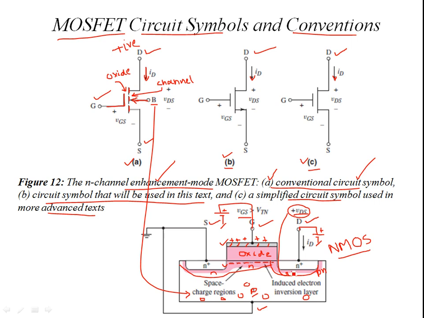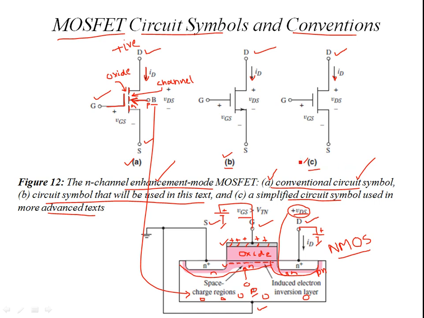So the direction from P to N is like this, toward the channel, oxide, and gate. So this direction shows the direction of the PN junction from P to N.